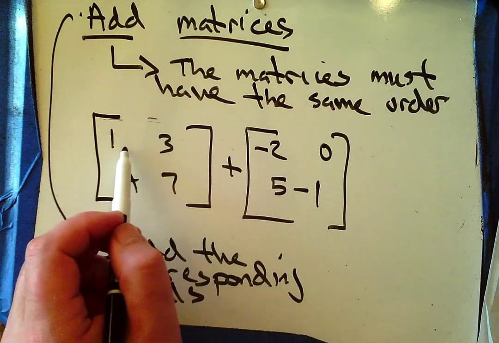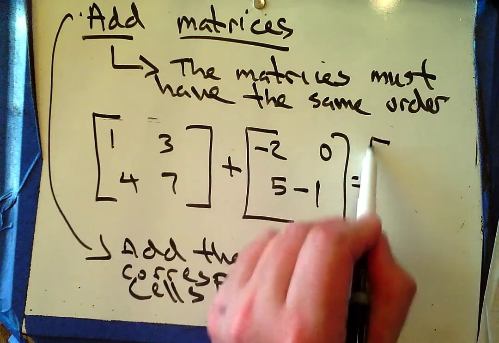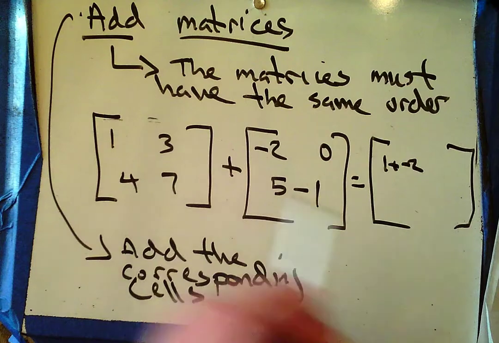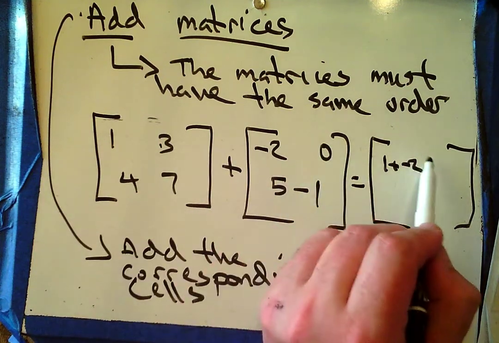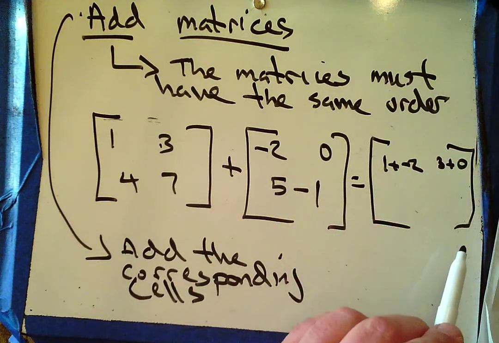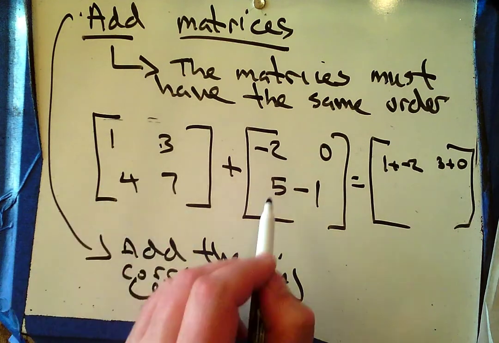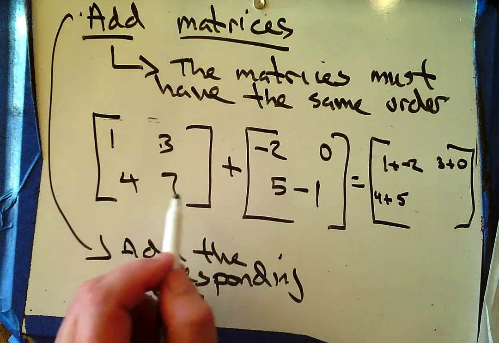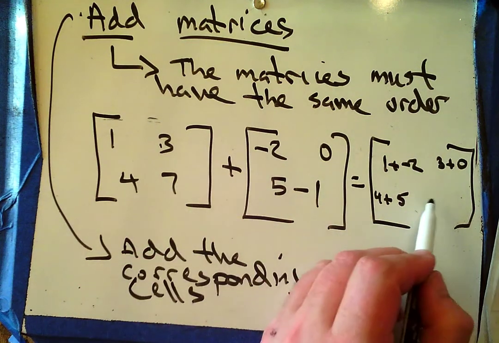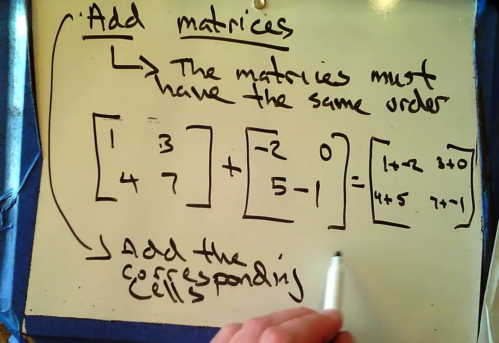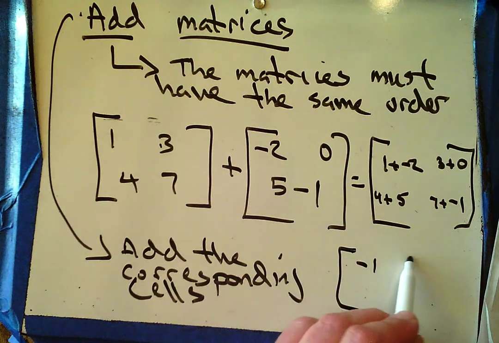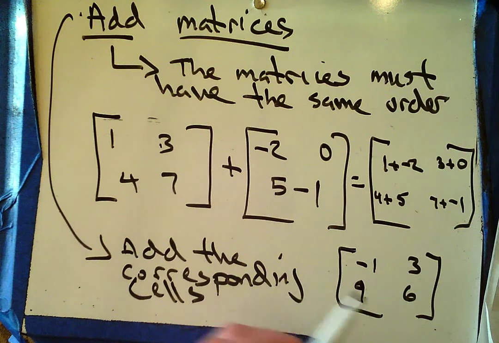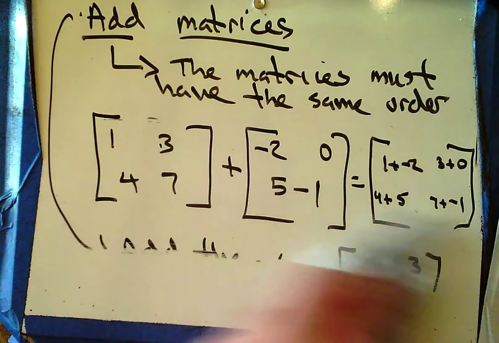So top left plus top left gives me 1 plus -2. Top right plus top right gives 3 plus 0. Bottom left plus bottom left, 4 plus 5. And bottom right plus bottom right, 7 plus -1. And so I end up with -1, 3, 9, and 6. Adding, pretty easy, pretty straightforward.